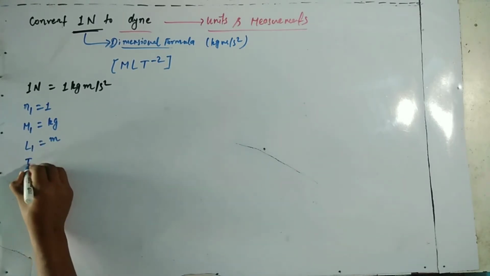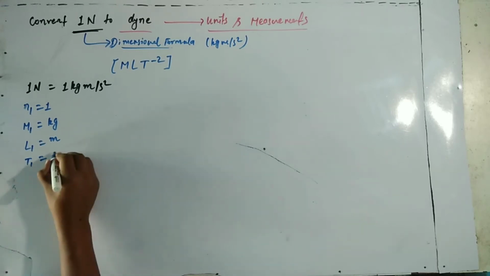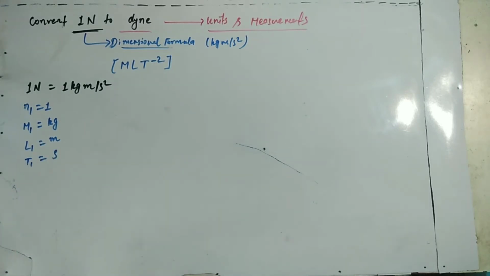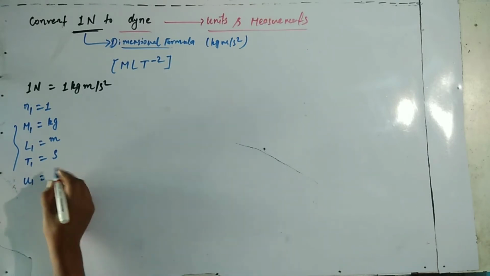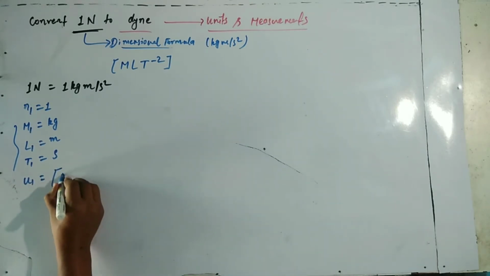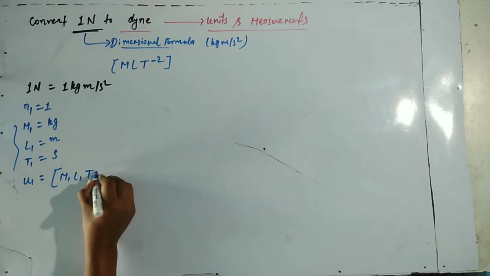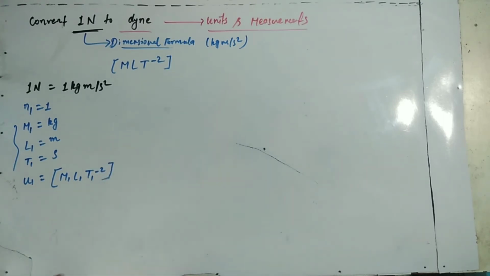Then L1 equals meter and T1 equals second. These three terms form U1. So U1 will be M1 power 1, L1 power 1 and T1 power minus 2.